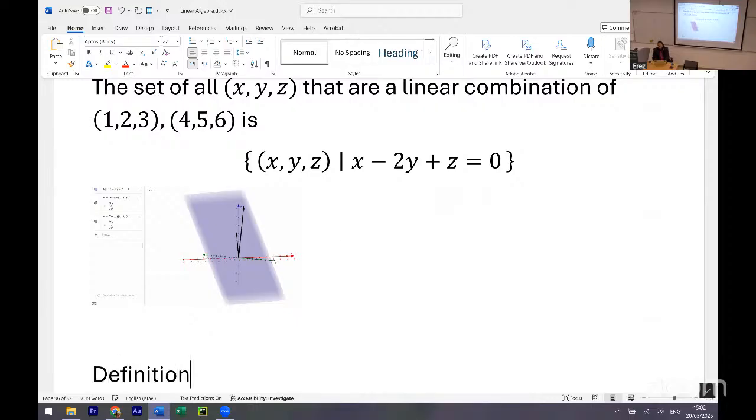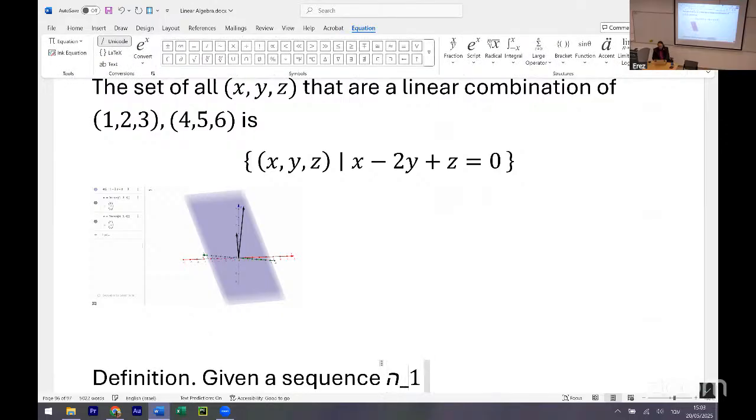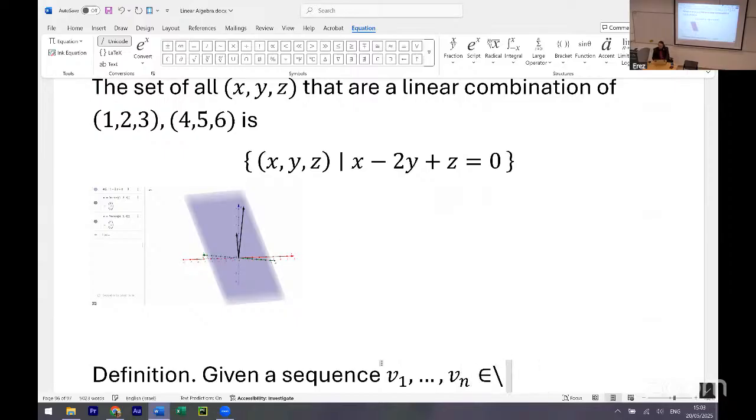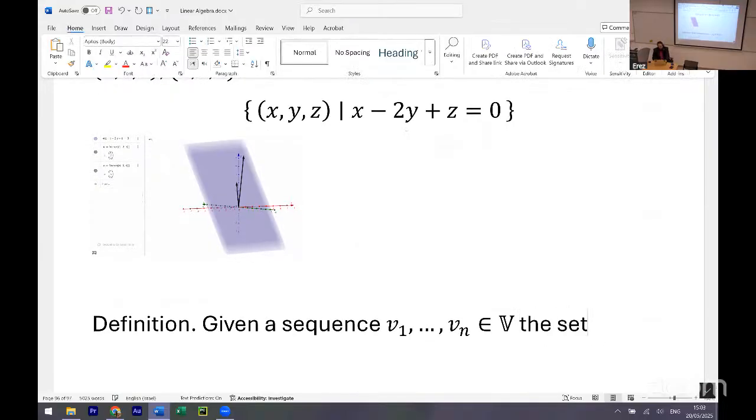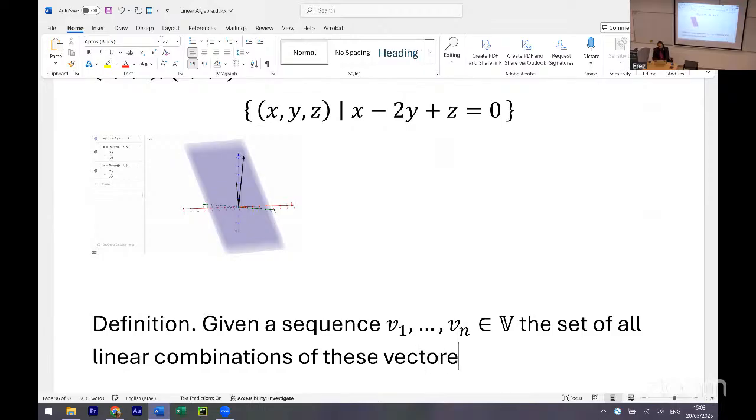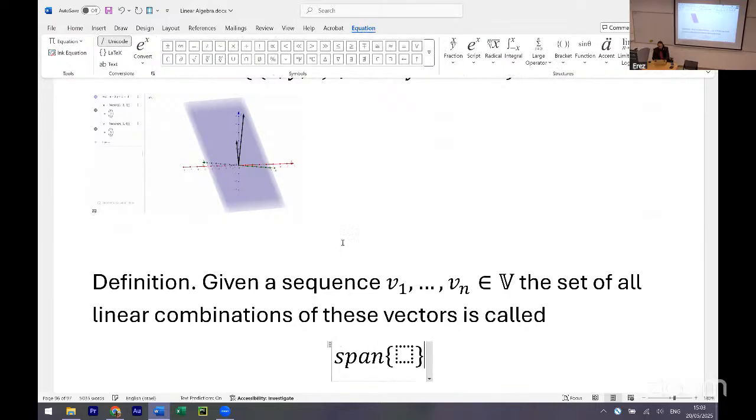Definition: given a sequence V1 to Vn of vectors, the set of all linear combinations of these vectors is called the span of V1 to Vn.